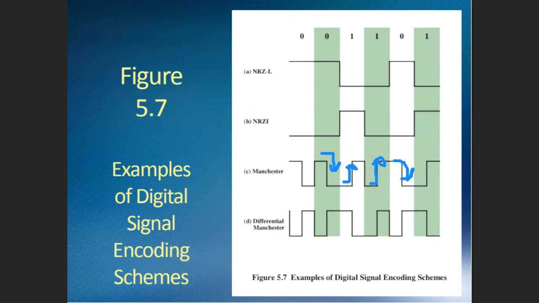The second one is called non-return to zero inverter. When it is 0, no change. See here, 0, low voltage. When it is 1, it will change its value, so from low to high. Again, I have 1, it will change its value.